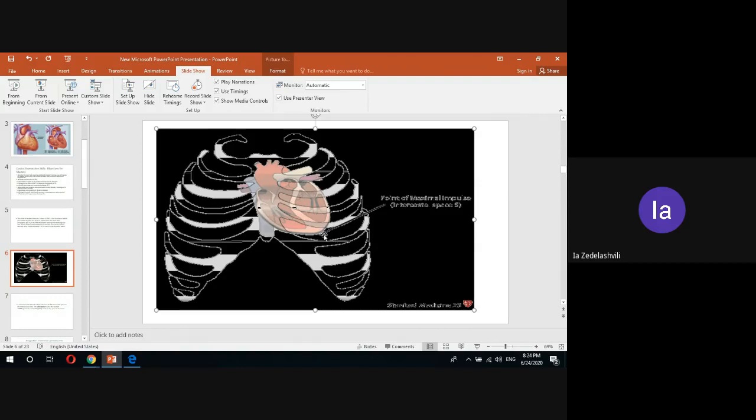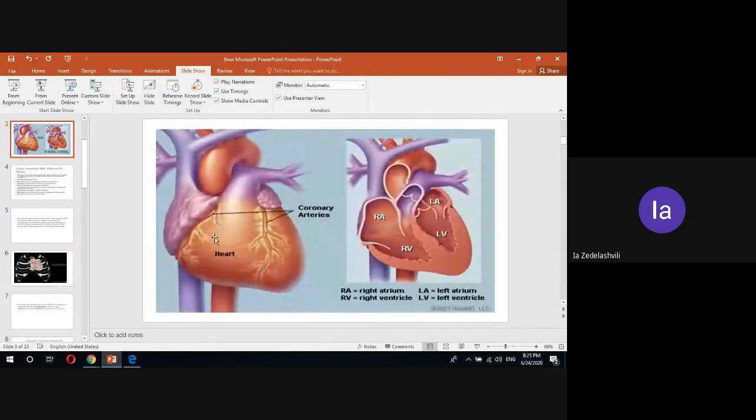Now, one more moment. The heart is not hanging, is not vertical, but look what happens. It goes oblique from the middle side to the left, from the upper side down slightly, but it is also turned.